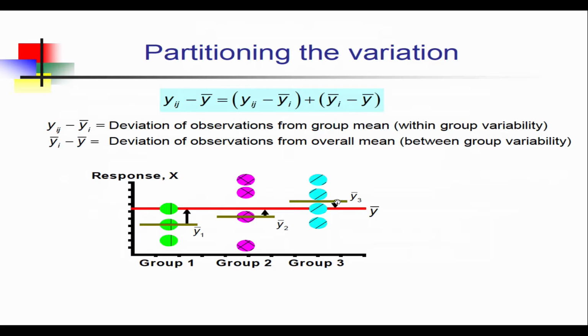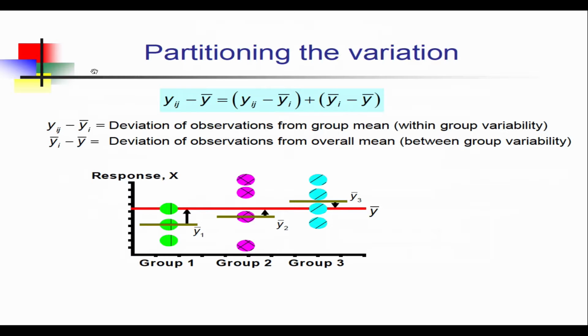Then plus the distance from this group mean to the overall mean, Yi bar minus Y bar. Is that okay? So the difference between each individual and the overall mean can be partitioned into these two parts. The first part is the deviation of the observation from its group mean. We call it within group variability. The second part is the deviation of the group mean from the overall mean. This is between group variability.